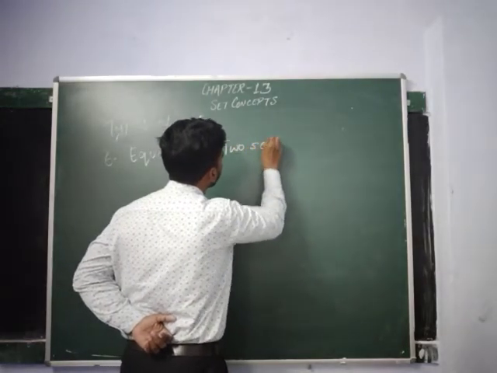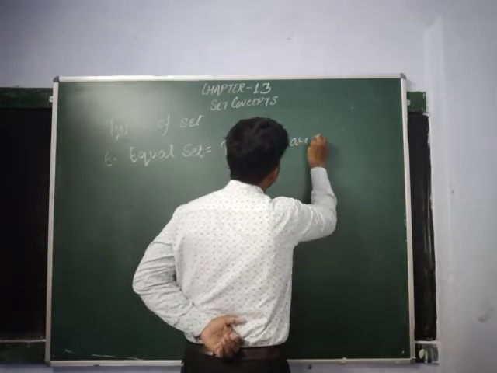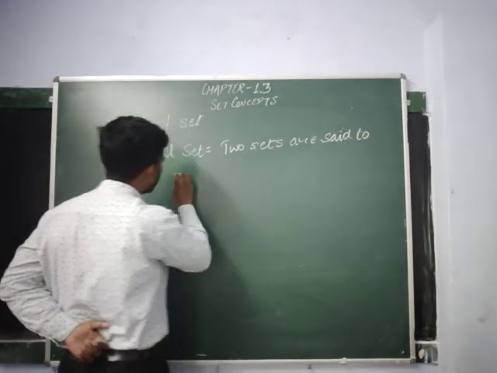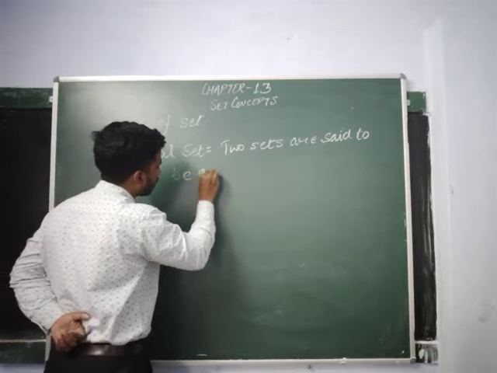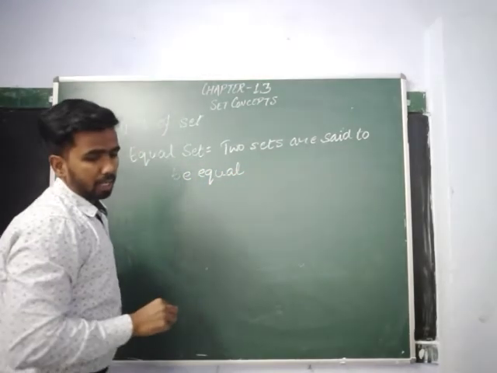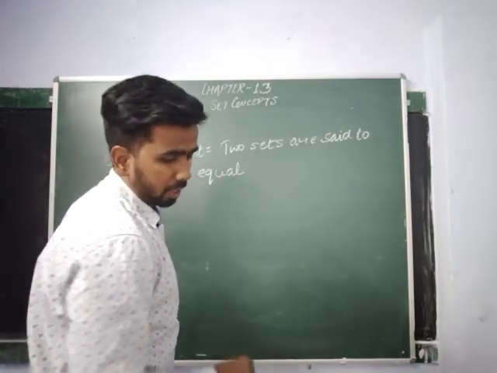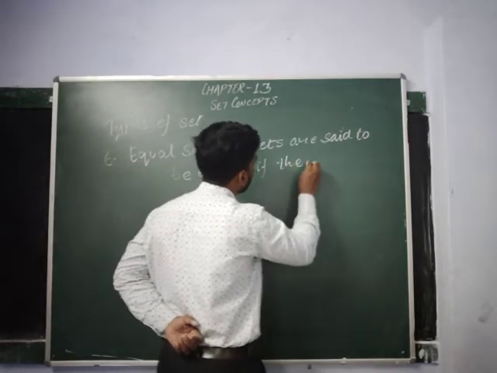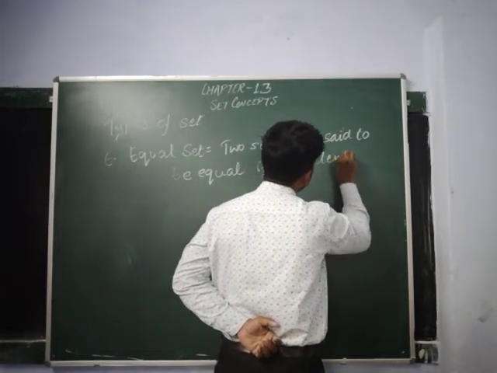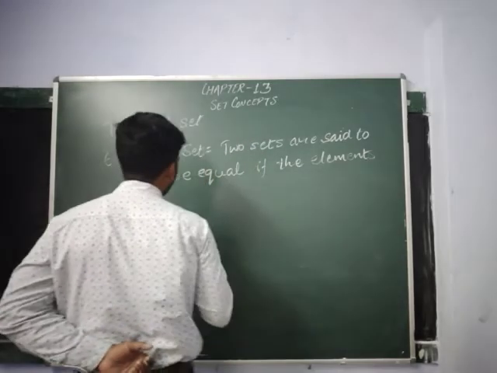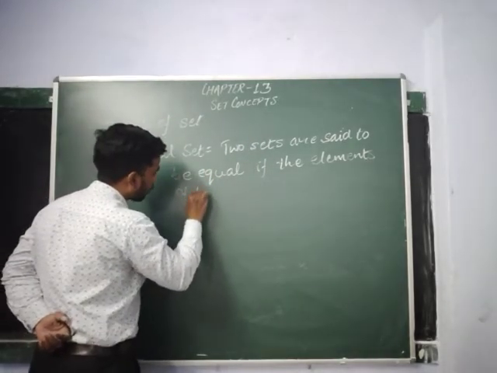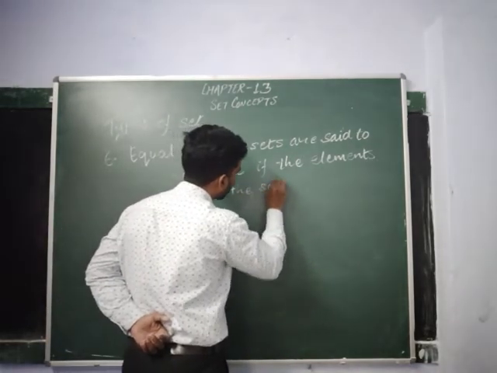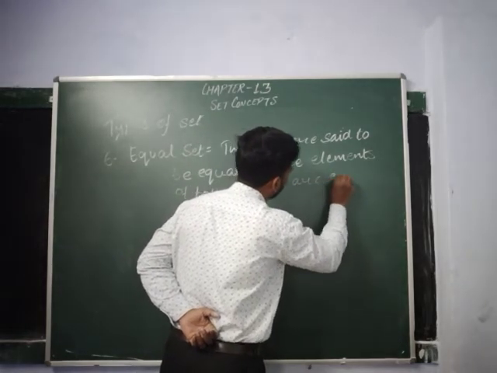Two sets are said to be equal if the elements of both the sets are same.